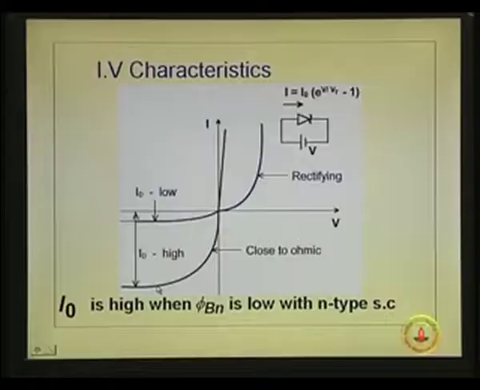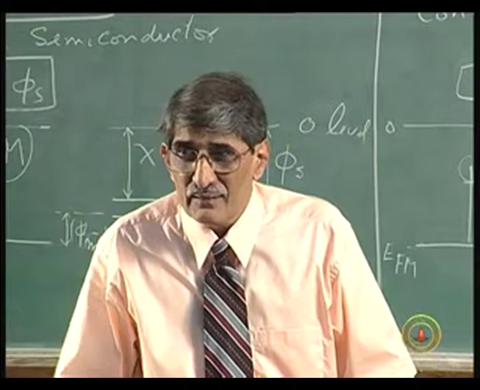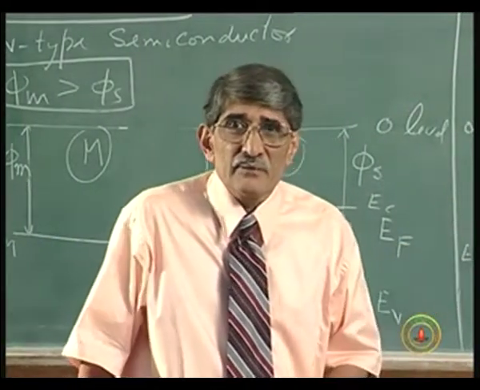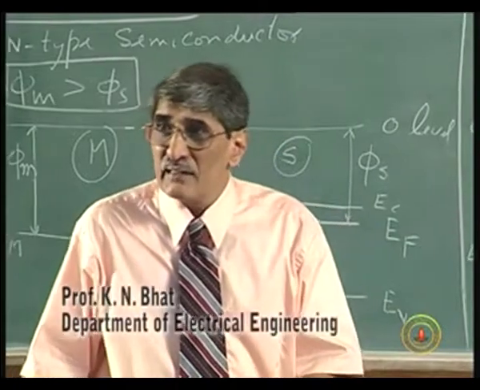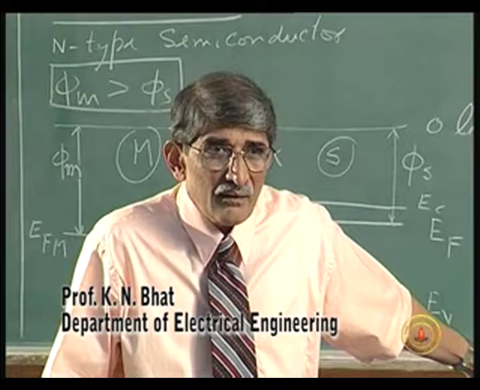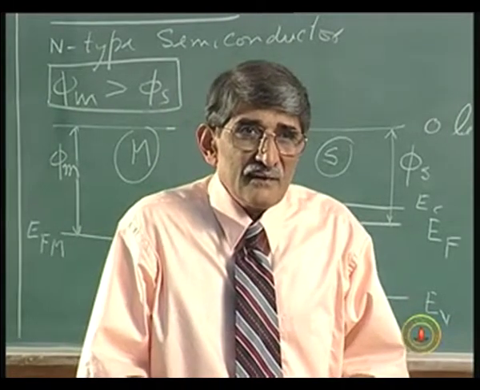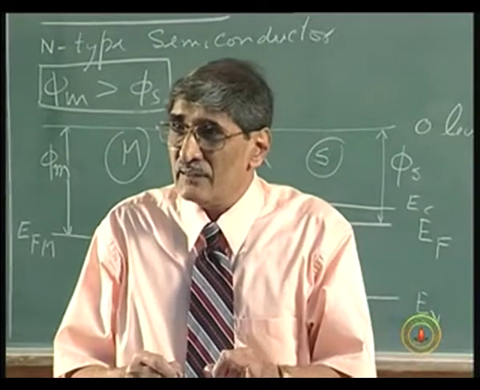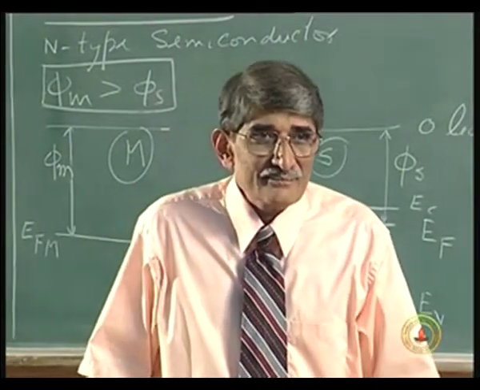In fact, most of the time we see in literature, a n type semiconductor with metal forms rectifying contact if phi m is greater than phi s. That is what we saw. But notice, if the difference becomes smaller and smaller, phi b n becomes smaller and smaller, it can become ohmic contact.